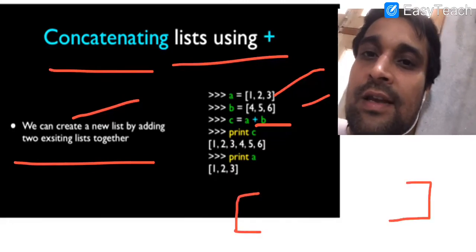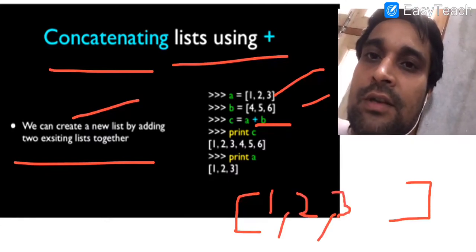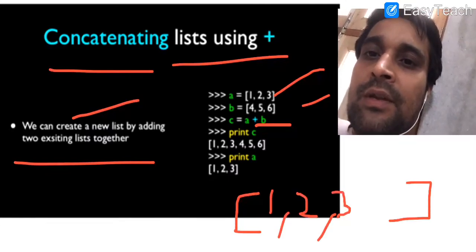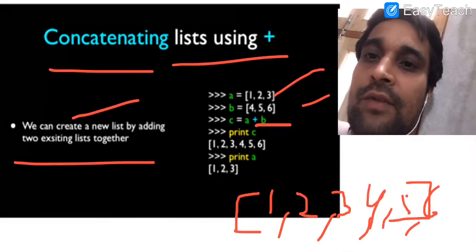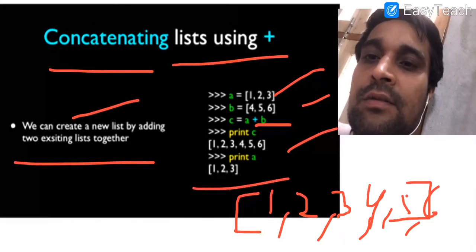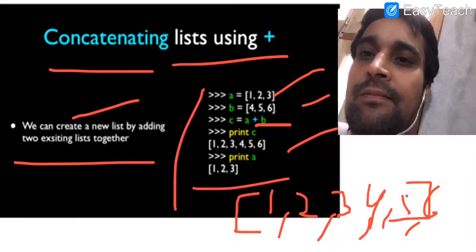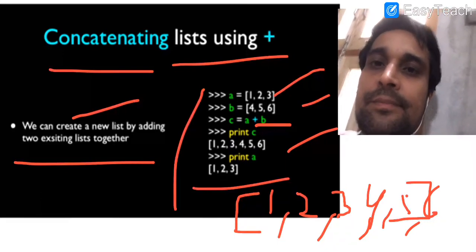It means the list C will have the elements of A first, because A is written first in our expression A plus B. Thereafter it will contain the elements from B, these are 4, 5 and 6. When you print A, it is the same as we declared, with 3 elements 1, 2 and 3.